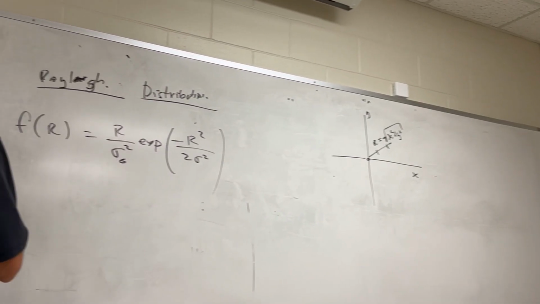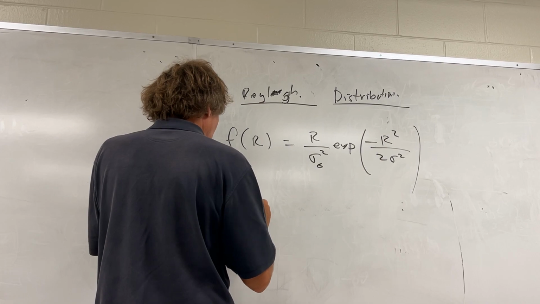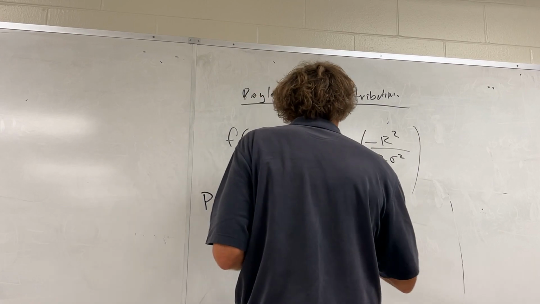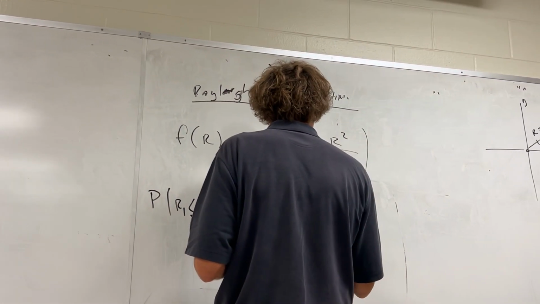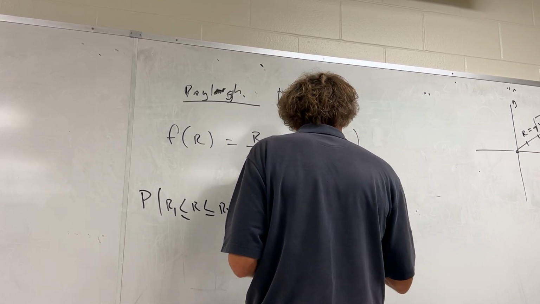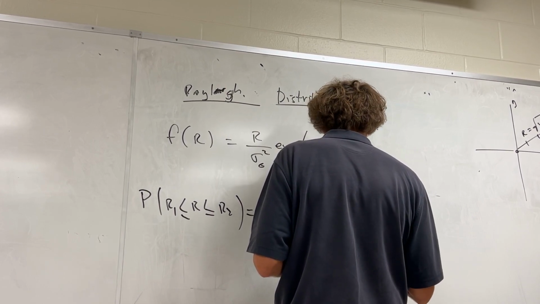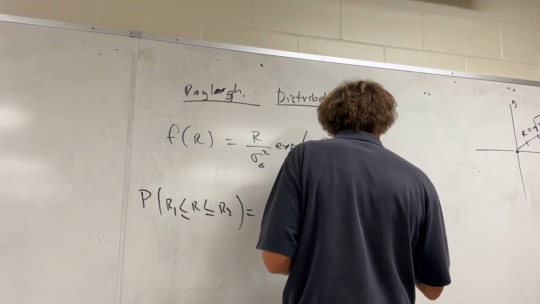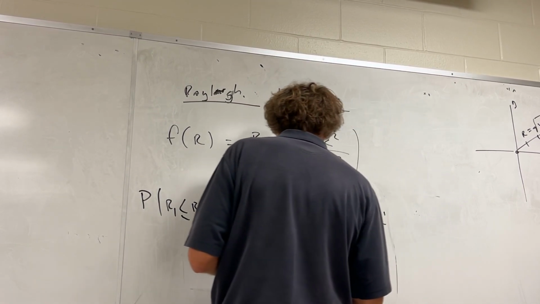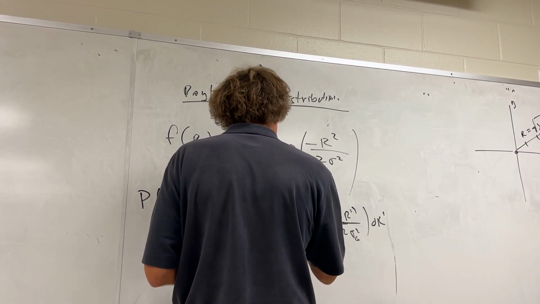If you wanted, say, the probability that R1 is less than or equal to R, which is less than or equal to R2, it's the integral of r over sigma Gaussian squared, exp to the minus r squared over 2 sigma squared, Gaussian sigma, of course, dr. And I should prime those. And it would go from r1 to r2.